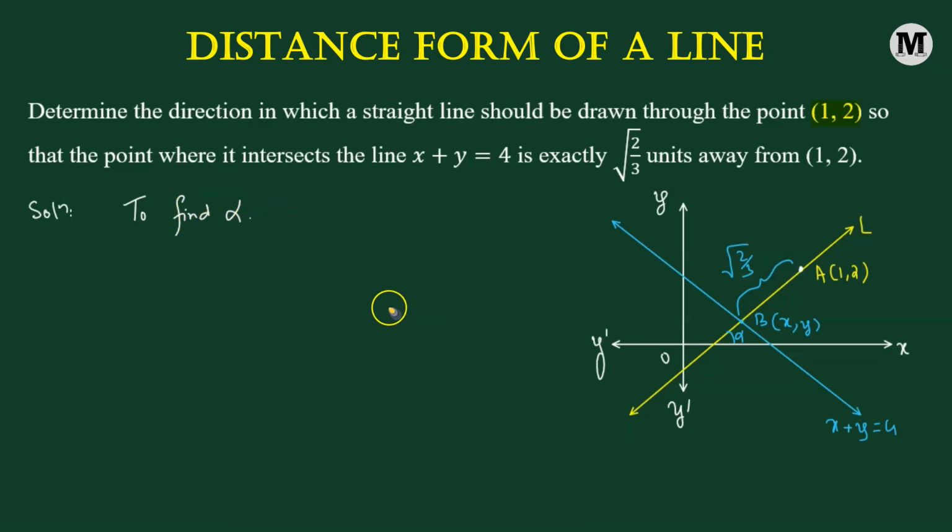Here we'll use the distance form of a line. Clearly, the line L passes through two points: the point A with coordinates (1, 2), and the point B with coordinates (x, y).